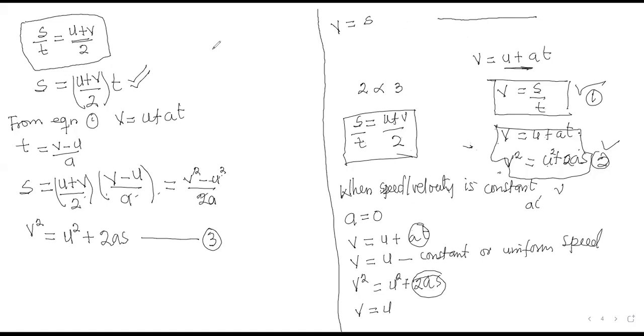When acceleration is 0, s is equal to ut plus half at squared. If a is 0, this part goes to 0, and we have s is equal to ut. When you make u the subject, we have u is equal to s over t. So when acceleration is 0, it comes back to the average velocity equation, s over t.